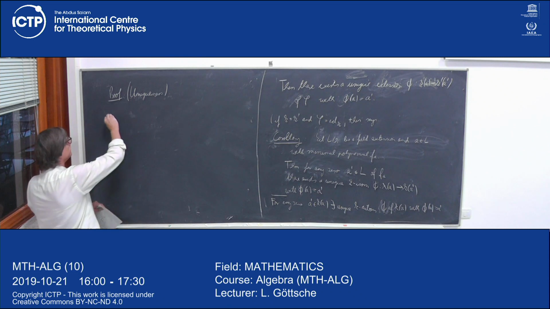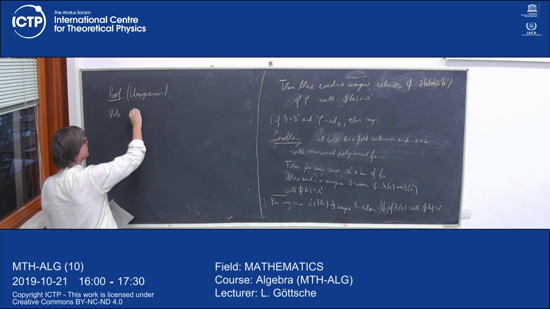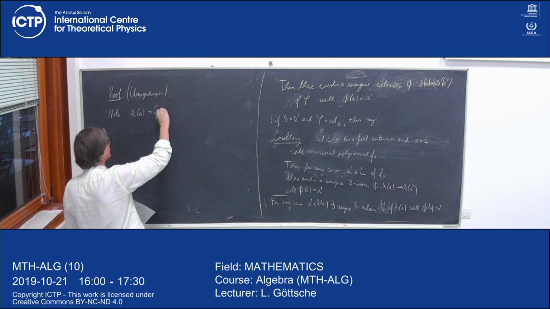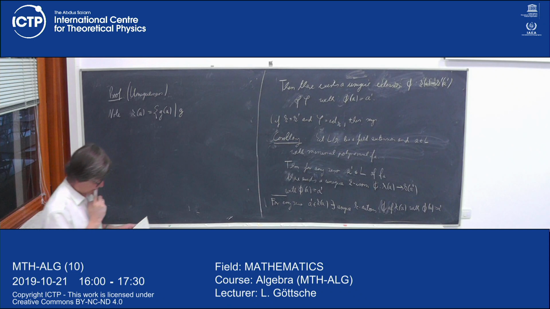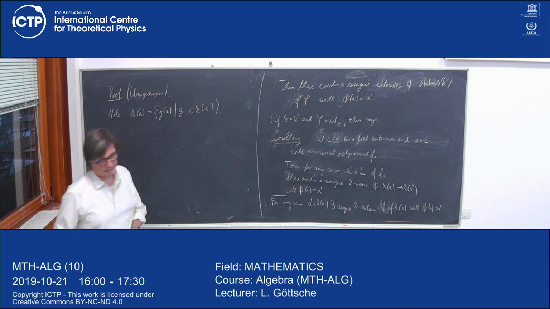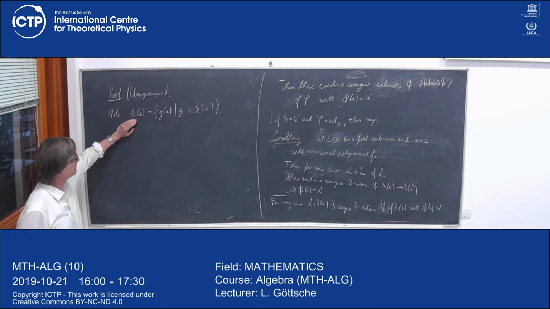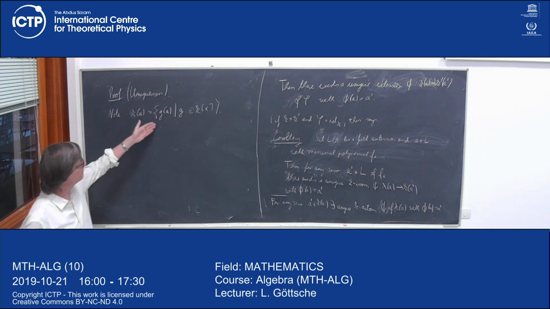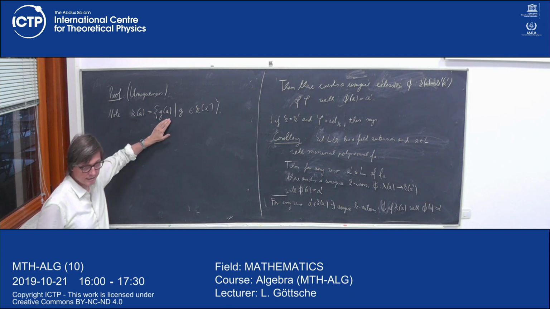So we note that K of A can be written as the set of all G of A, where G is a polynomial with coefficients in K. Now remember that we had found that the finite extension is just K[x] modulo the ideal generated by the minimal polynomial, and the elements in this can be viewed as all the polynomials G where you put A as the argument.